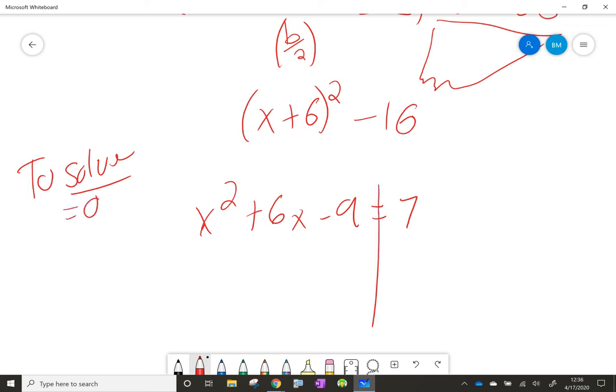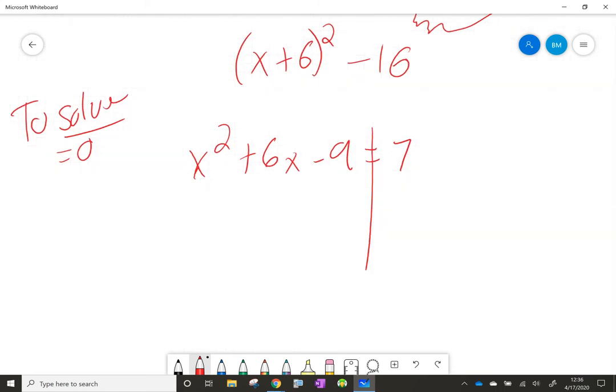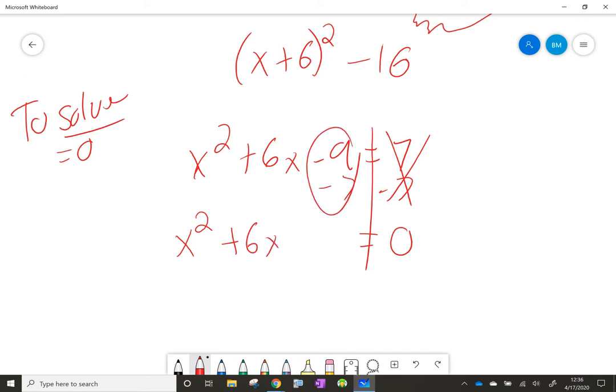So this is equal to 7, not what we want. So we're going to subtract the 7 on both sides to move it around and have 0 on the right. So we simplify this to x squared plus 6x, and then the minus 9 minus 7 will combine to be negative 16.